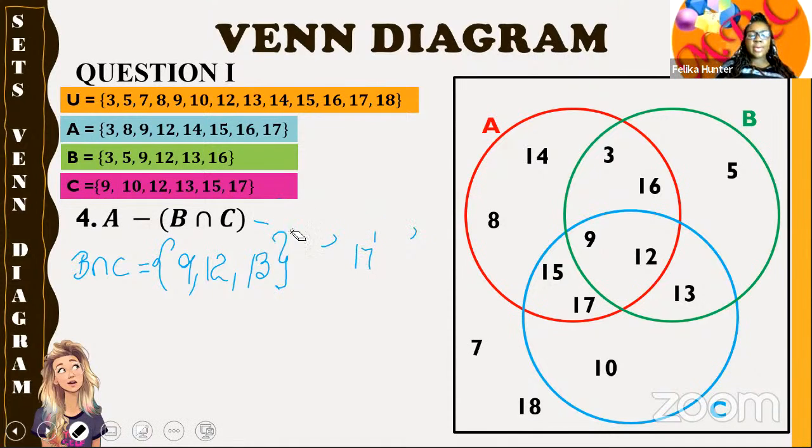Brilliant. Let's rewrite this so it's a bit tidy. So we have 3, 8, 14, 15, 16, and 17. All right, and that would be it.